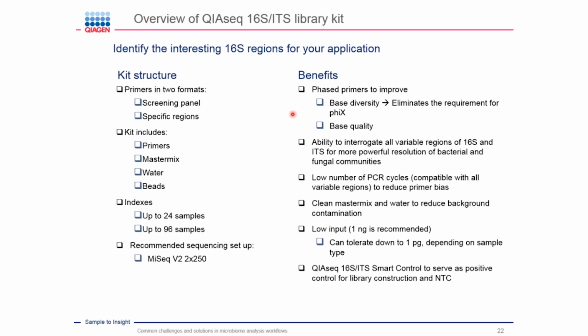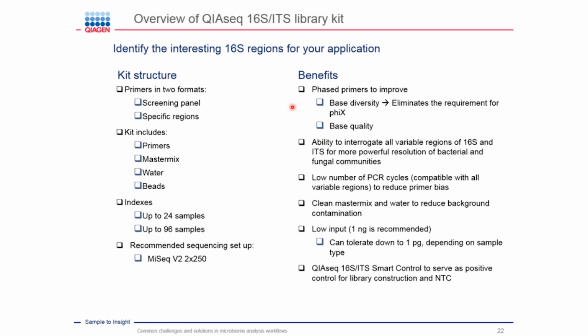So that's the structure. What are the benefits besides having the freedom to choose the primers you want? We have a phased primer system. So this means that in the primers are additional bases, and by this you are shifting your position of the 16S genes between 1 and, I guess, 9 or 10 nucleotides.